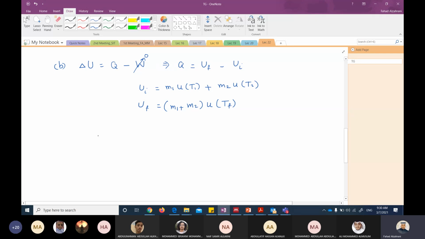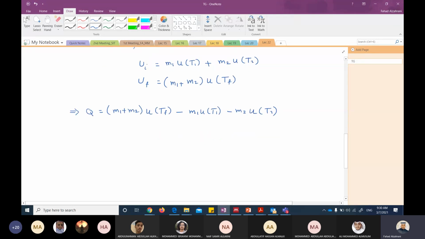Let's write it again. So let's write Q. So Q equals what? Let's write M1 plus M2 U at T final minus M1 U at T1 minus M2 U at T2.